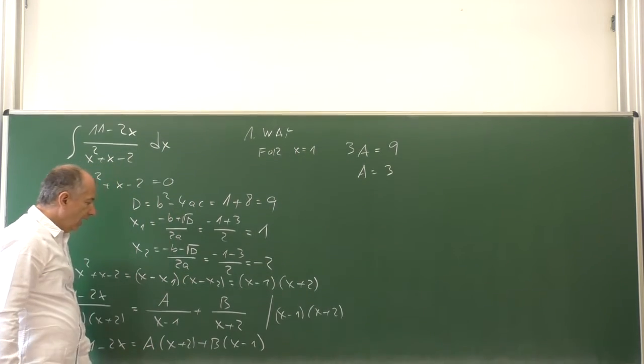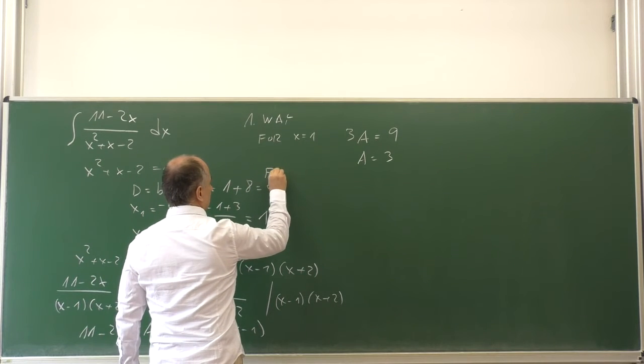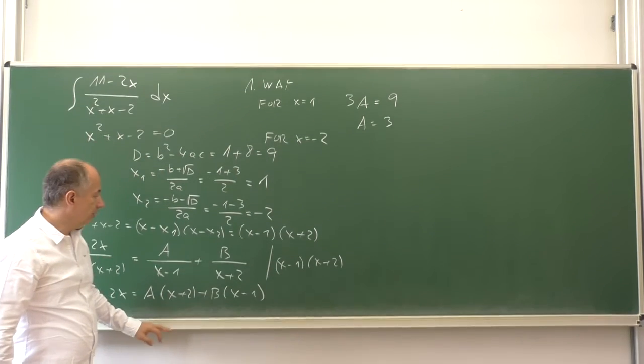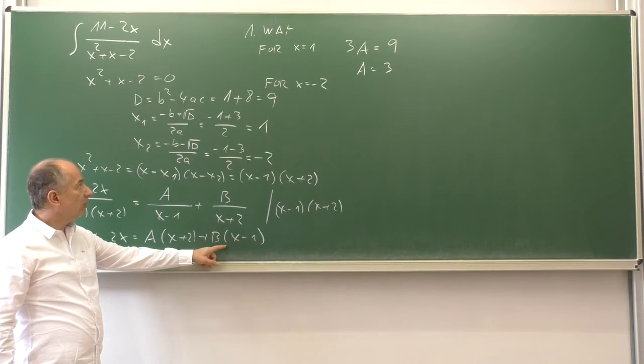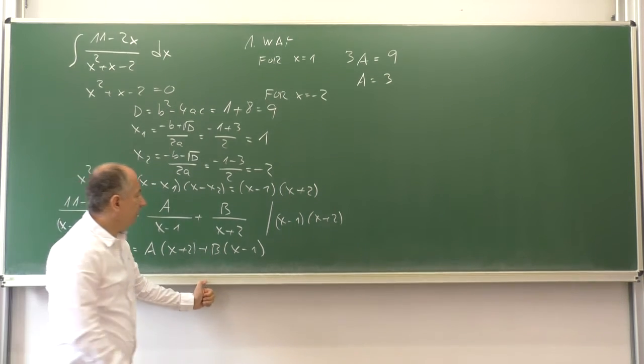And for the special value x is minus 2, minus 2 is good because then this bracket vanishes. And then on the right we have minus 2 minus 1, which is minus 3b.